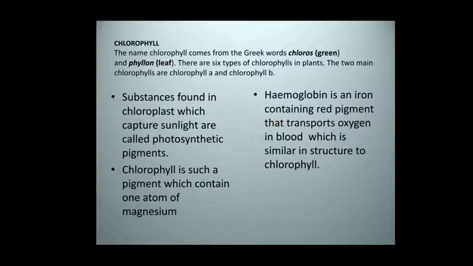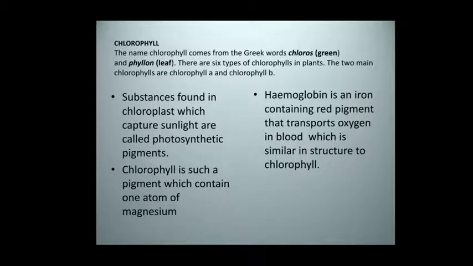Chlorophyll is such a pigment, which contains only one atom of magnesium, and hemoglobin is an iron-containing red pigment that transports oxygen in blood, which is similar in structure to chlorophyll. Both are pigments, but there is quite a difference between them. Chlorophyll is present in the plant cell, and hemoglobin is present in the red blood cells of animals.